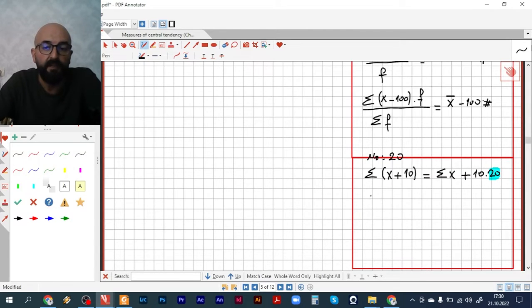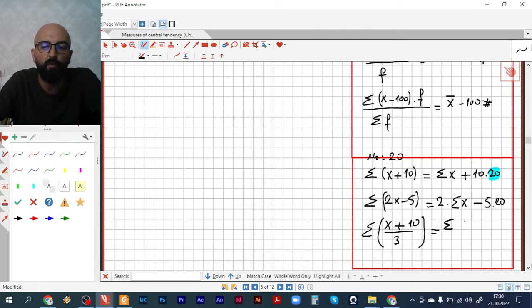For another example, the sum of 2x minus 5, you can write as 2 multiplied by the sum of x minus 5 multiplied by 20. For example, the sum of (x plus 10) over 3, you can write as the sum of x plus 10 multiplied by 20 and over 3.